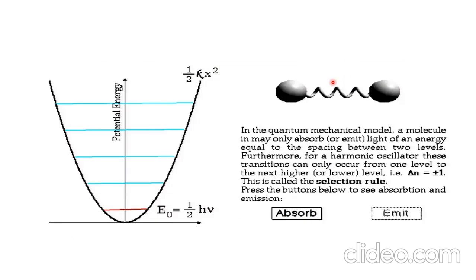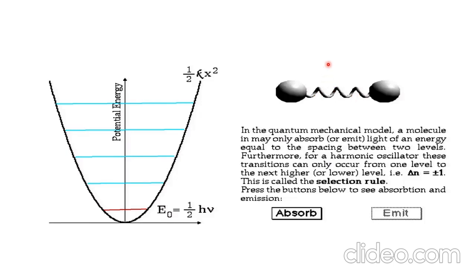Now suppose a small molecule with masses m1 and m2, connected with a bond. Let's assume the bond is in the form of a spring.